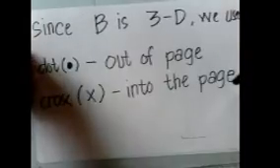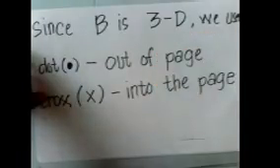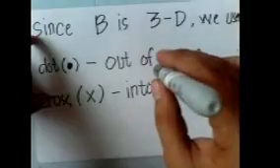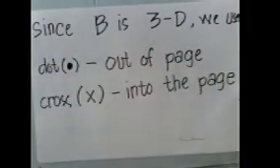If this is our page, the paper here, then with that symbol the magnetic field is going toward the camera. While if a cross is used, then it goes from the camera into the page. So that is the direction of your magnetic field.